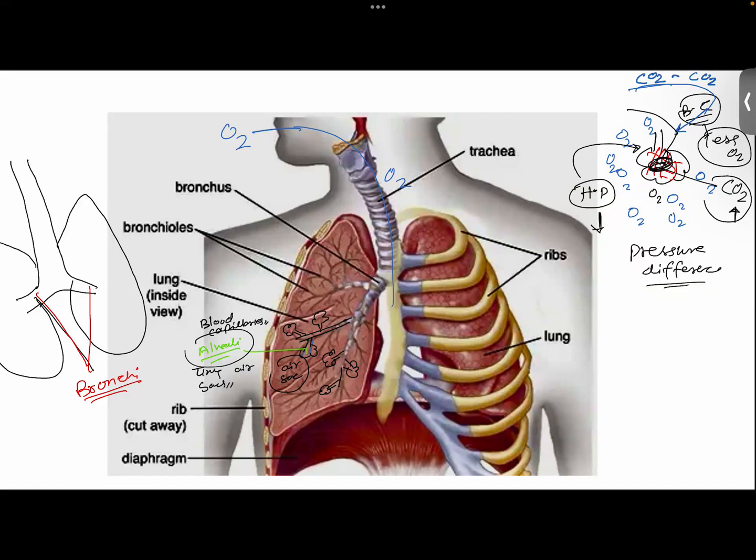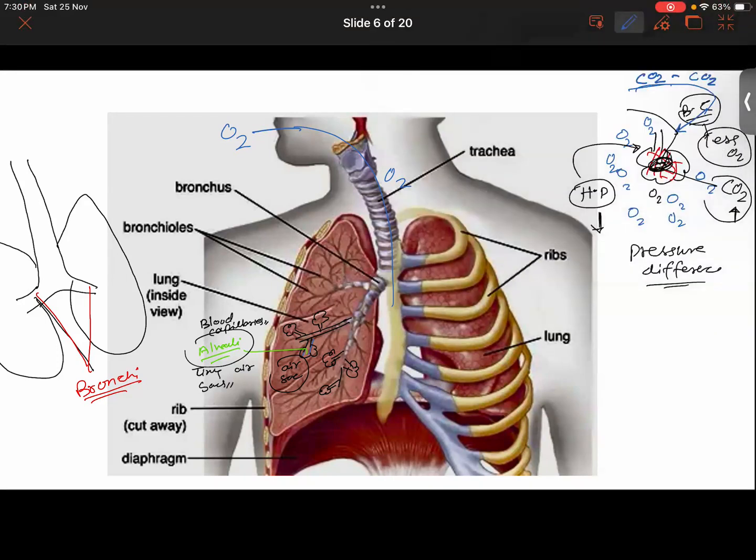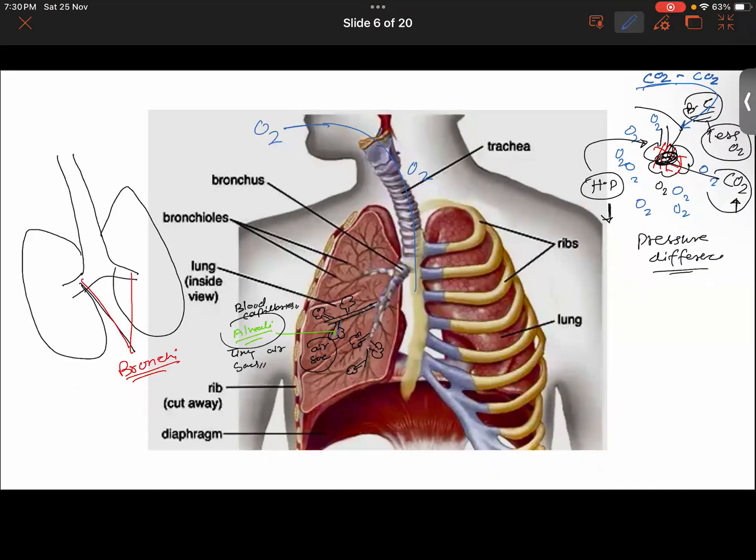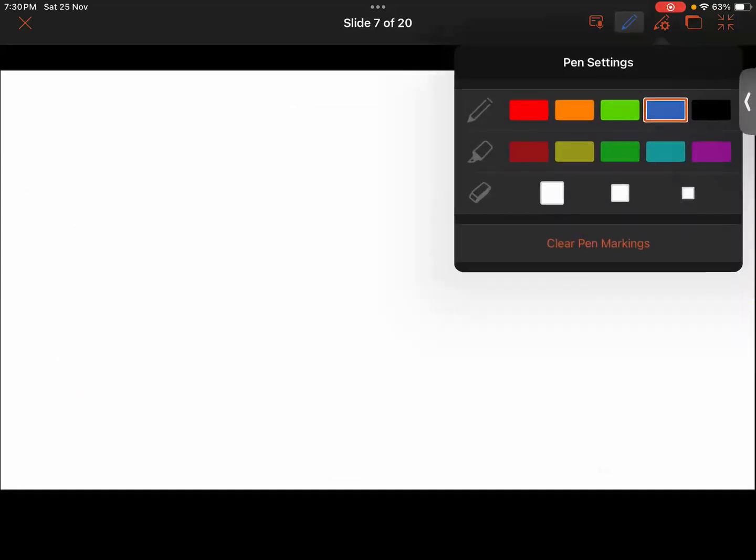Also, I have noticed that the oxygen outside is present more and oxygen inside is present less. But in the case of carbon dioxide, it is present more inside and less outside. Is that what you mean? Exactly. Due to the pressure difference, basically the flow is taking place.